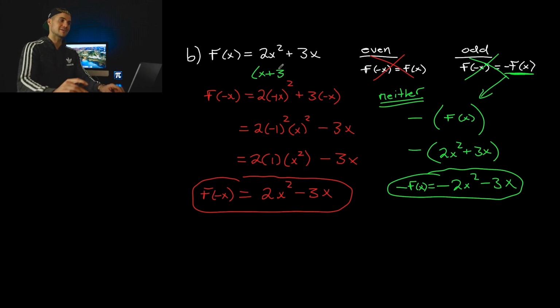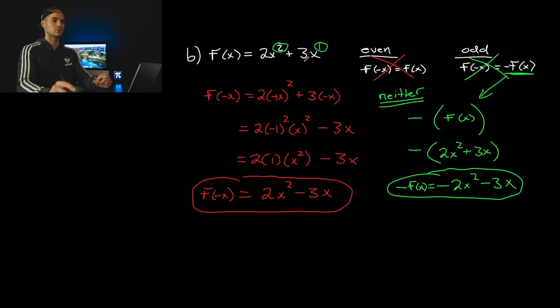If a polynomial is expanded, what I'm about to say only applies to expanded polynomials. If you ever see a combination of even exponents and odd exponents like that, it's always going to be neither. So that's a quick shortcut for you. Again, you got to show the work.